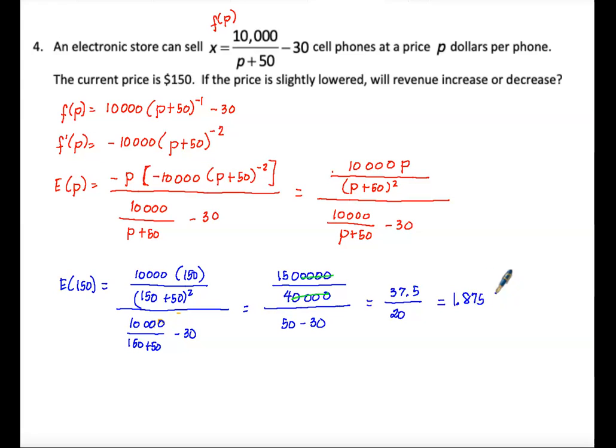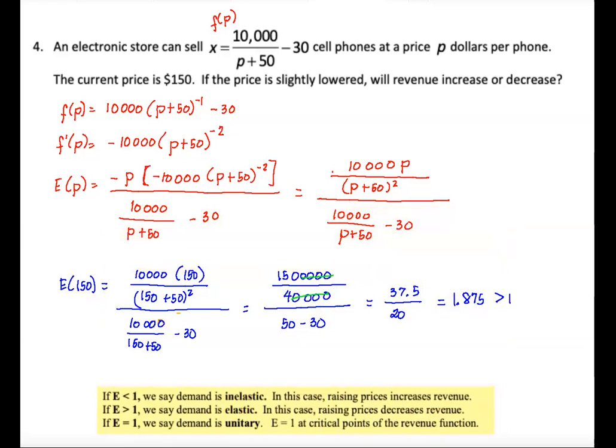Okay, very good. So we get 1.875, which is greater than 1. And we say that if E is greater than 1, then it is elastic. And if it is elastic, raising prices decreases revenue.